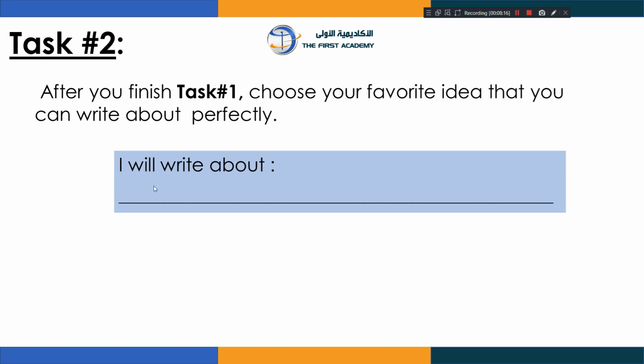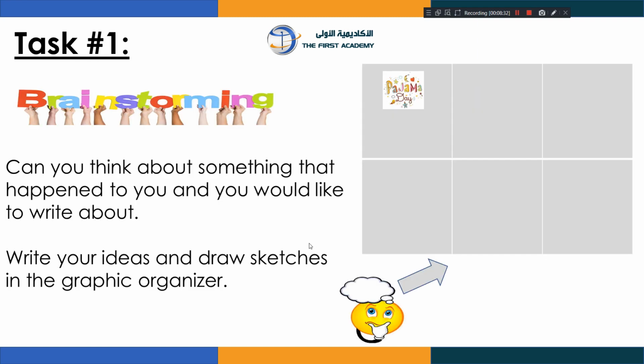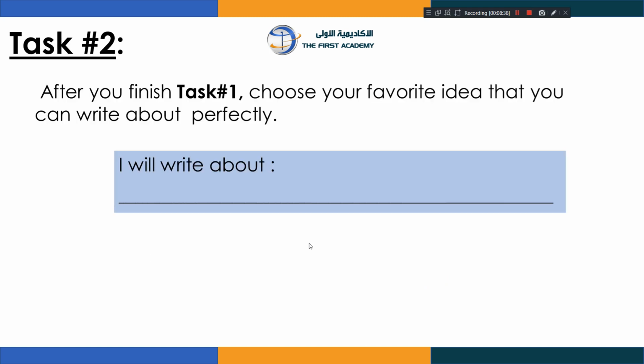You will give me a full sentence right here as task number 2. And remember to keep these notes because we're going to complete this next week when we do our draft number 1. Today we're only going to brainstorm, plan our writing, and then write the first sentence of our story.